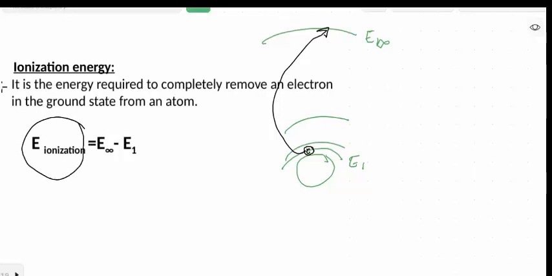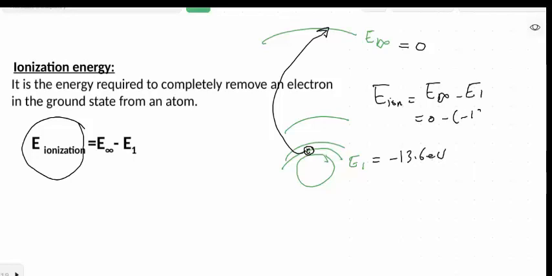How to calculate it? It's very easy. It's E infinity minus E1. So every time you need to remove an electron completely from the atom, you need to take it to the ionization state. So for the hydrogen atom, E infinity is 0 and E1 is minus 13.6 electron volt. If I need to calculate the ionization energy for the hydrogen atom, simply I write E infinity minus E1, which is 0 minus minus 13.6 electron volt.